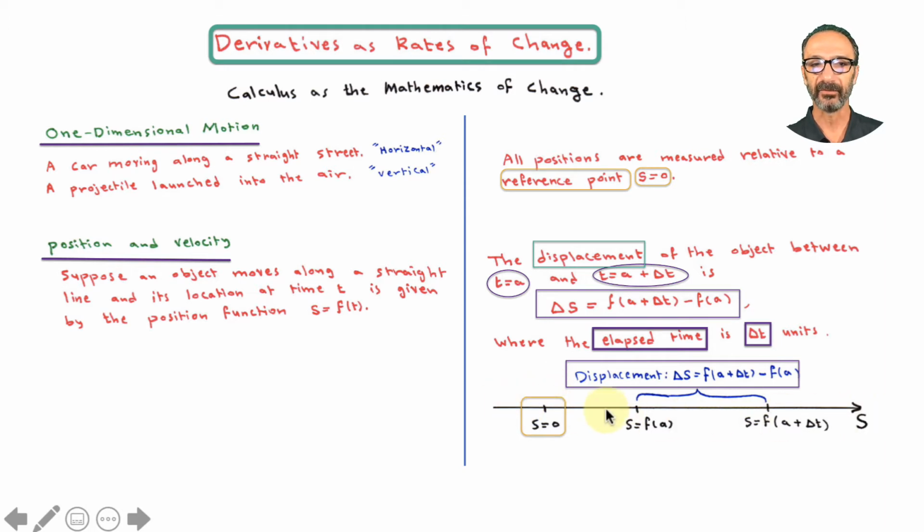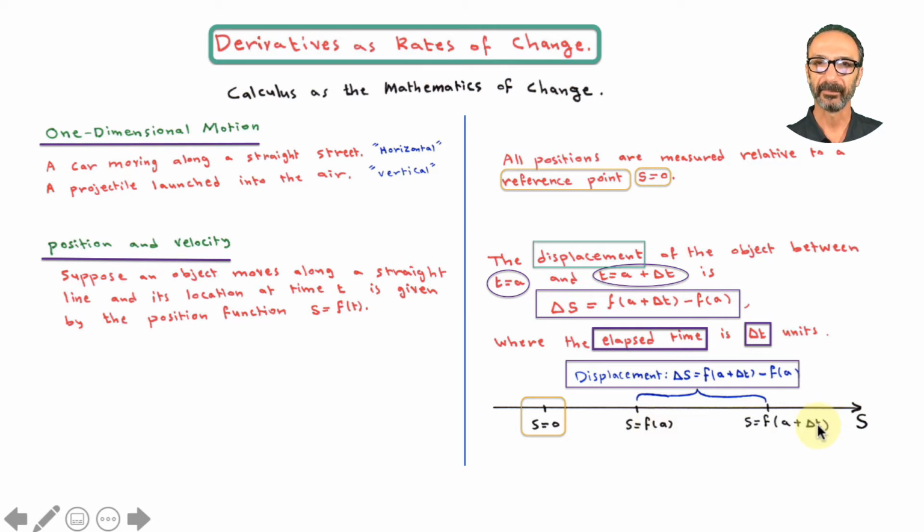Here's another view of what is going on. This is my start point, my reference point. Down the road at t equals a, I have the position s equals f of a.